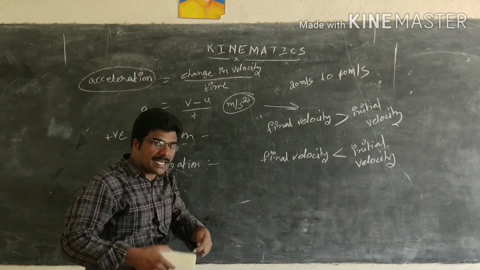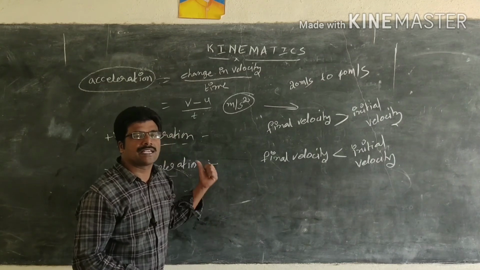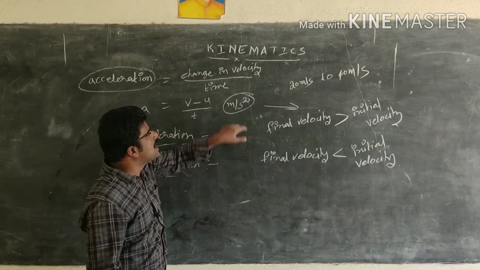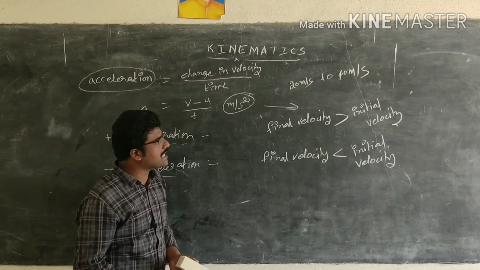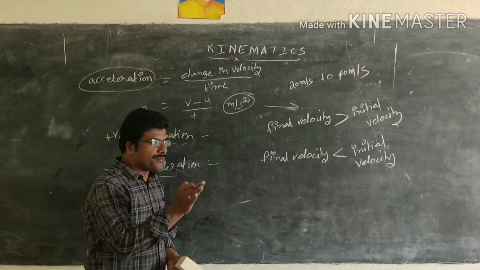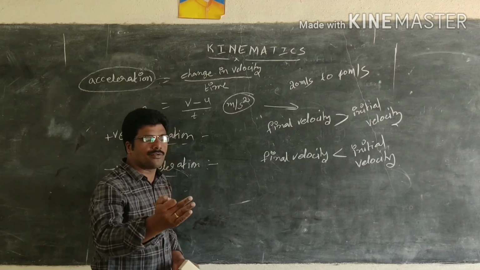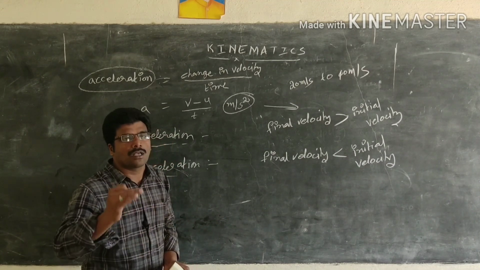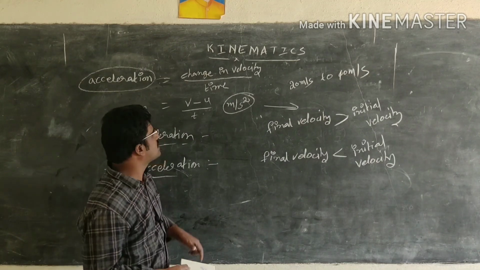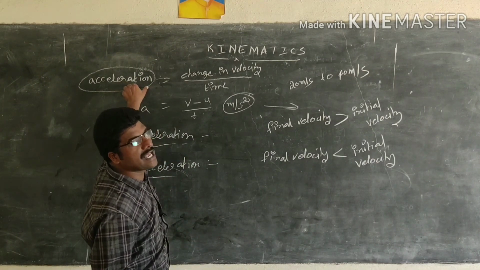If there is a change in direction also, then acceleration exists. Why? Because velocity is a vector quantity. So if the magnitude or the direction of the velocity changes, then there exists acceleration.